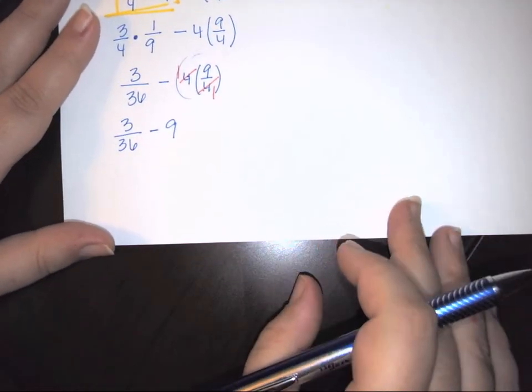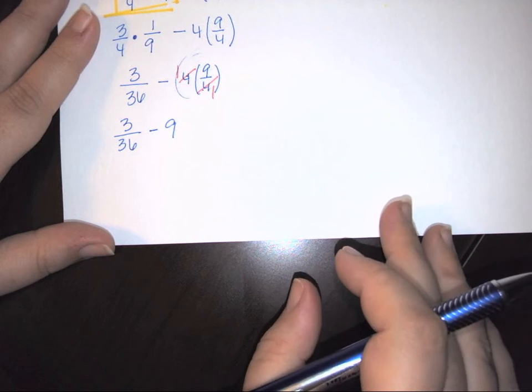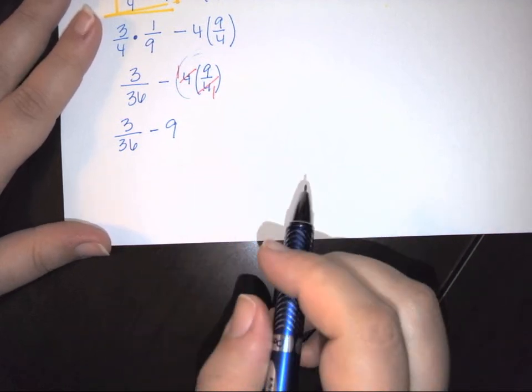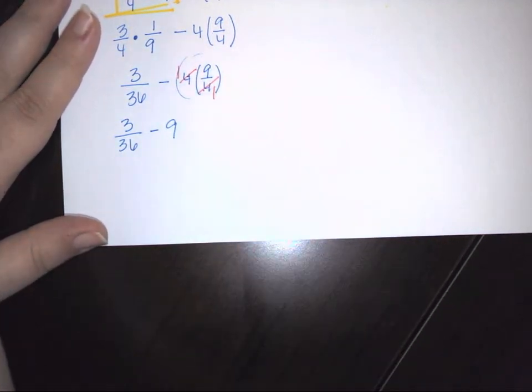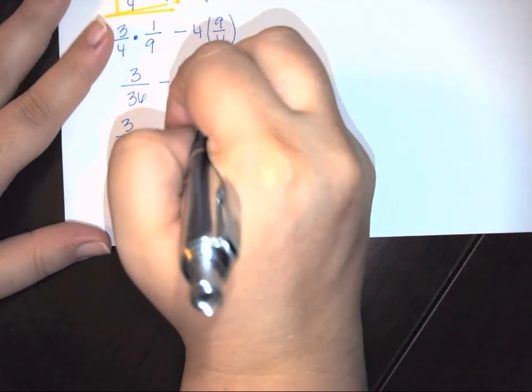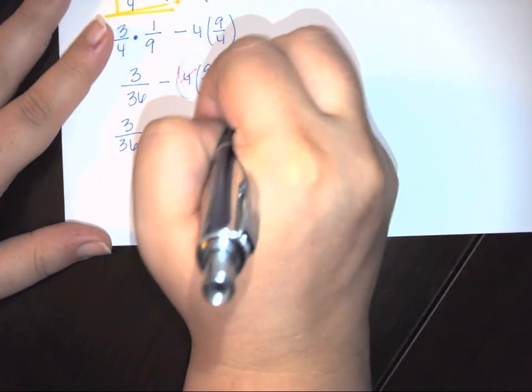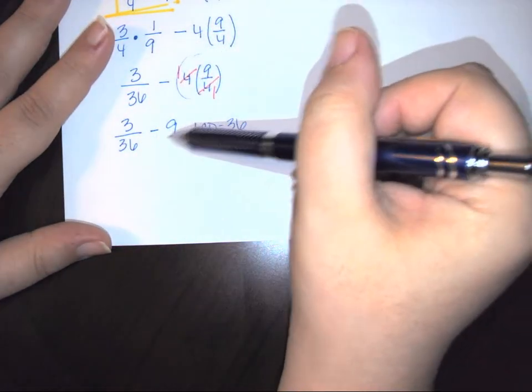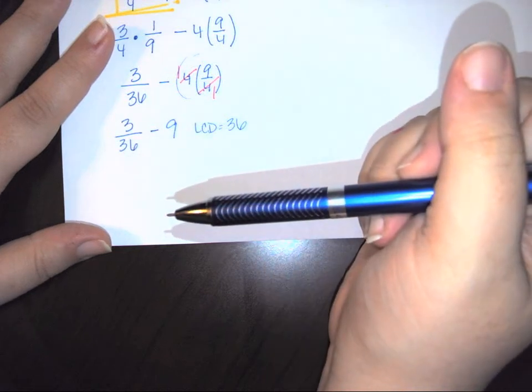Again, I need to have a common denominator, and so here, when I'm talking about 36, that would be my common denominator. So my LCD here would be 36, and the reason for that is because 9 can go into 36 easily.